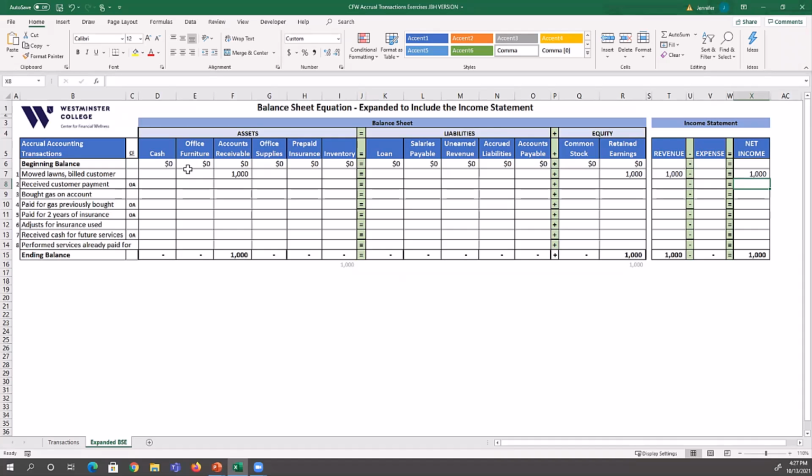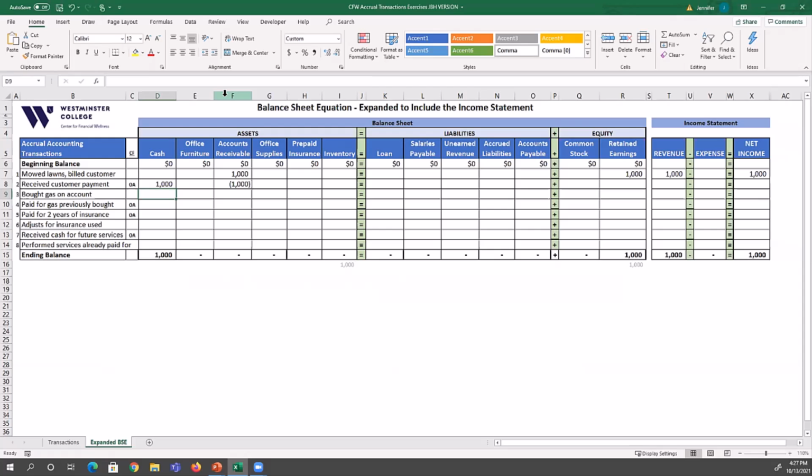So the AR asset will decrease by the 1,000, while the asset cash will increase by the 1,000. There is no earnings or wealth generating activity involved in this transaction. That happened in the previous transaction when TLC completed the service. All that's happening here is that they're switching assets.